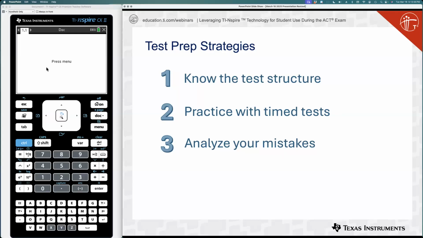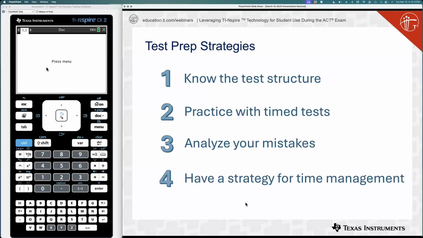That's not 10 questions, but you get the idea. It's real important to go back and analyze our answers and figure out our problem solving strategies. So again, as we're doing test prep, it's not just one and done. It's also going back and analyzing our work and our thinking. And then the last piece, as we're doing that, building up a strategy for time management.